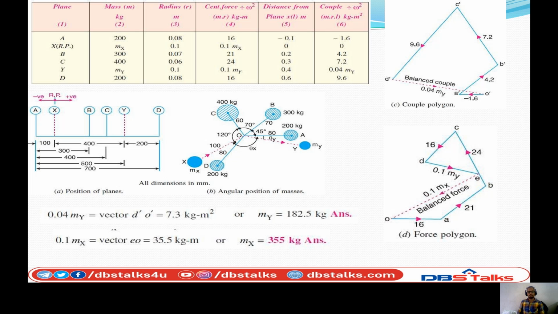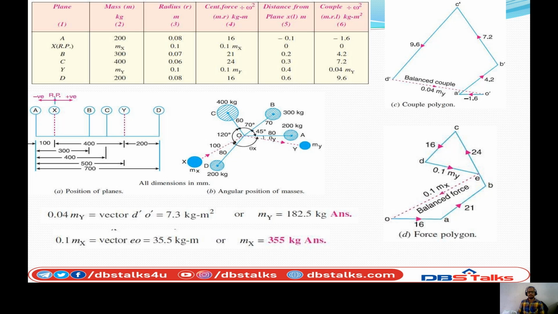So the main thing is we have to position our planes with respect to the question. After that, go for the table. Meanwhile, we have to prepare the angular positions. So all these four diagrams are to be drawn clearly. For solving the problems, we have to use an exact scale and pencil for drawing these diagrams, and a set square is required.